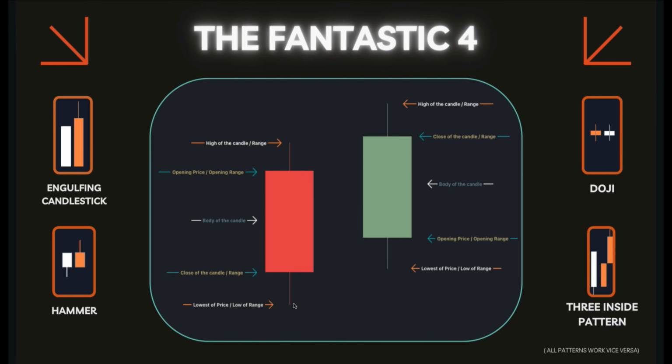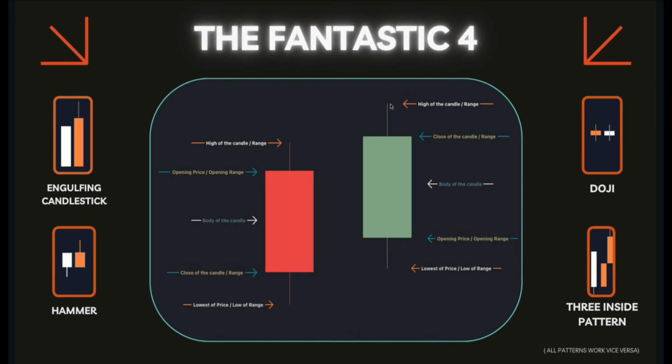So just a real quick insight, what I mean by range is price at some point on a lower time frame came down here and started ranging, okay, during this wick. And then this is the lowest point that price has reached, and then finally came back up and ended up closing here. Now for a bullish candle, you have the high of the candle range.